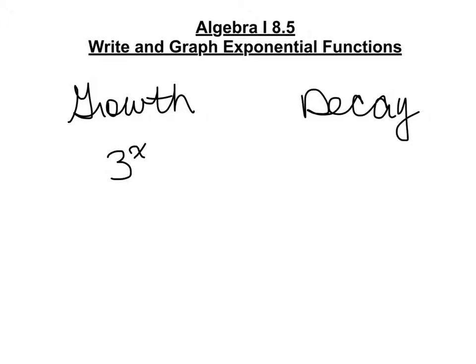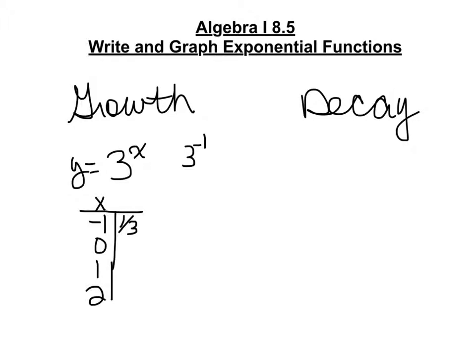When you put a number in for x here, let's make a table of values, and we will go from -1, 0, 1, and 2. When you put -1 in for x, that's 3 to the -1, which is 1/3. When you put 0 in for x, 3 to the 0 gives you 1.